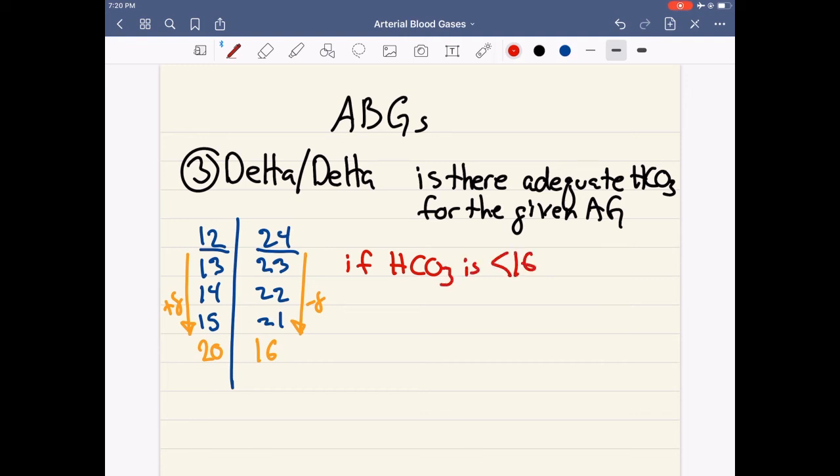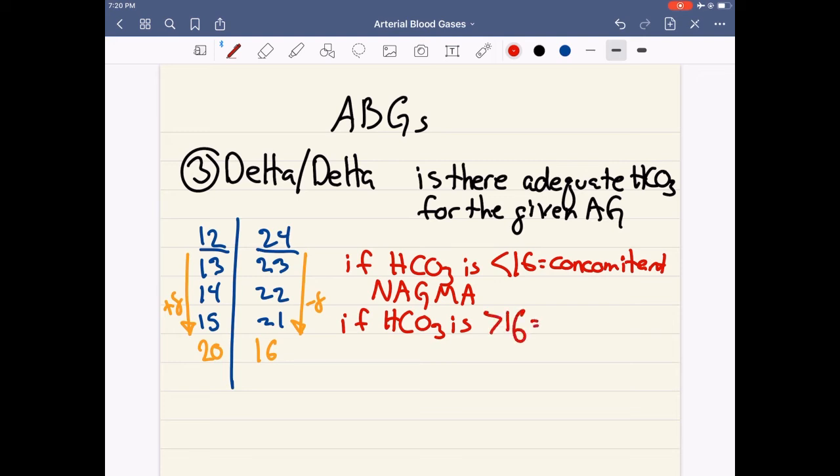Okay? So that means if our bicarb is less than 16, that means we have a concomitant non-anion gap metabolic acidosis. It's non-anion gap because you're already calculating the anion gap and you're taking that into consideration with this delta delta. If your bicarb is greater than 16, that means you have a concomitant metabolic alkalosis.